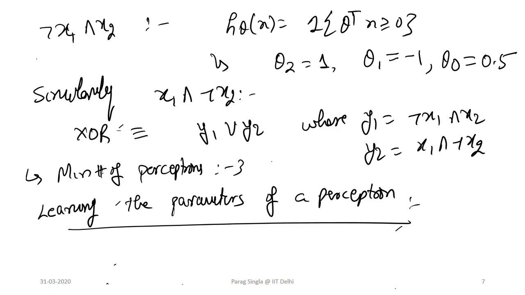So similarly, you figure out how to implement the x1 and not x2 function, and then finally you can implement XOR as y1 or y2, where y1 is not x1 and x2, and y2 is x1 and not x2. Okay, very good.